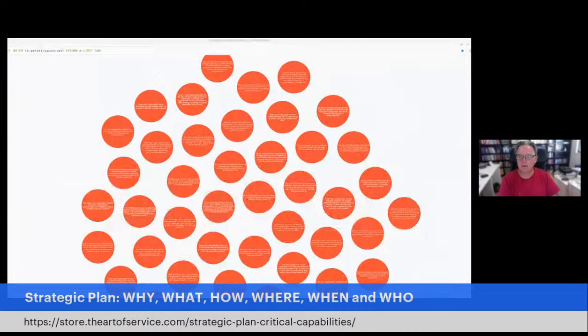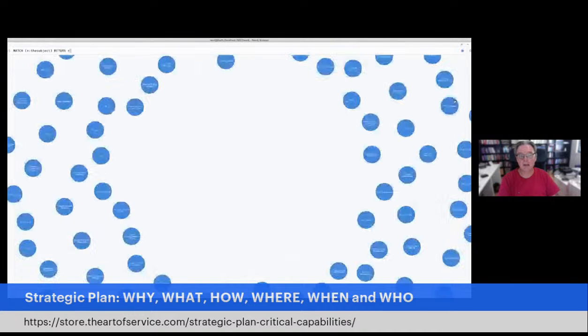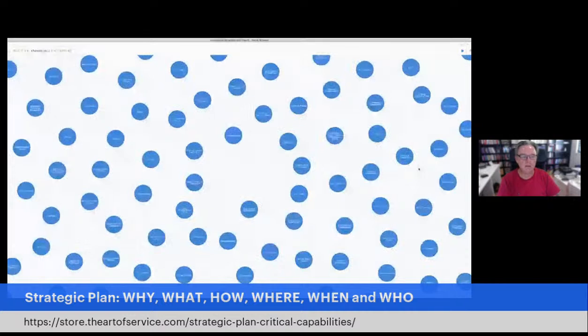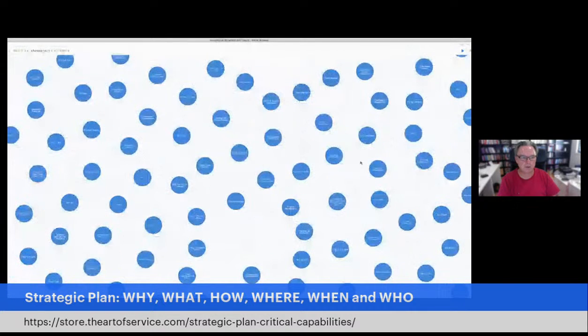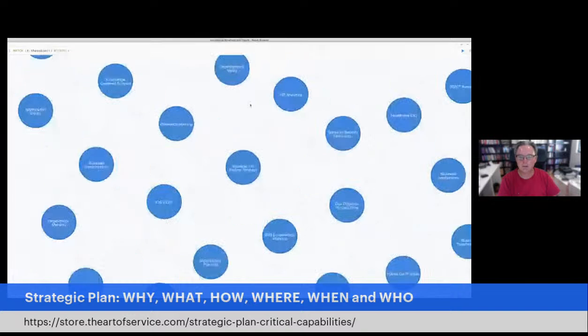Another way to look at it is the related topics in strategic planning. So strategic planning touches upon, as you might be aware of, many related important topics. These are the small blue balls. The small blue balls give us an idea of when I do strategic planning, what else do I need to incorporate? What else do I need to be aware of and make sure that we have in place?